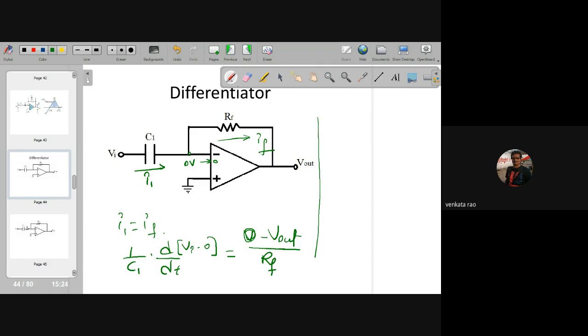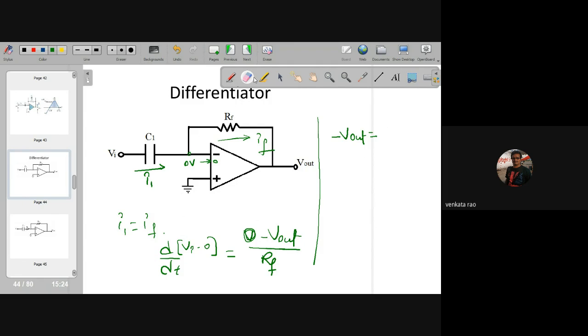Now from this, we can write minus V output equal to C1 into RF into dVi by dt.